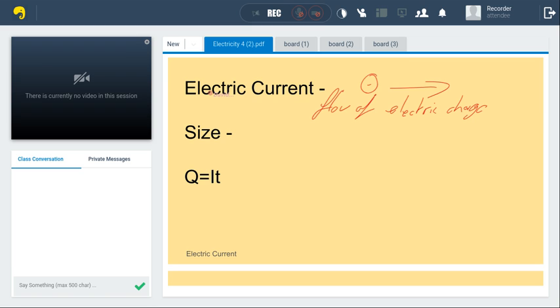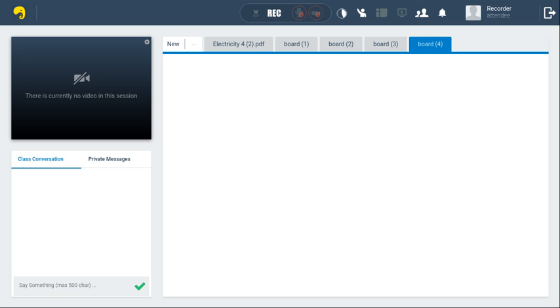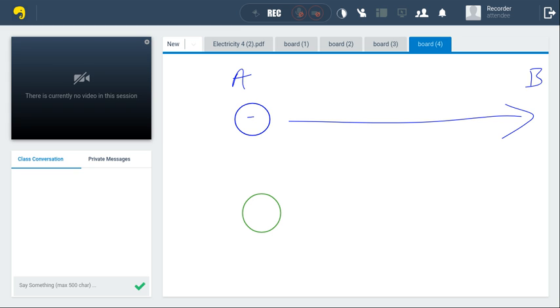Now, that could be one happy little electron going all the way from point A to point B. Or that could be another happy little electron starting at point A, moving to here, displacing another electron that moves over here, that displaces another electron that's now at point B.